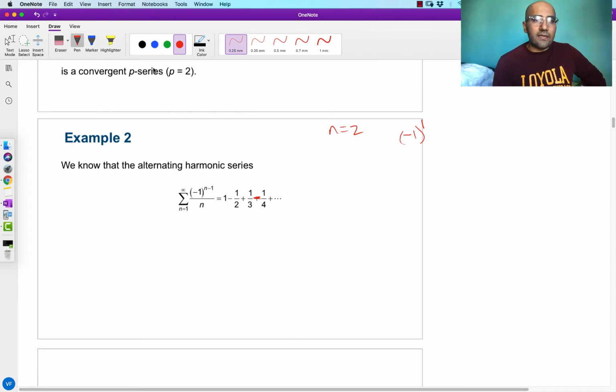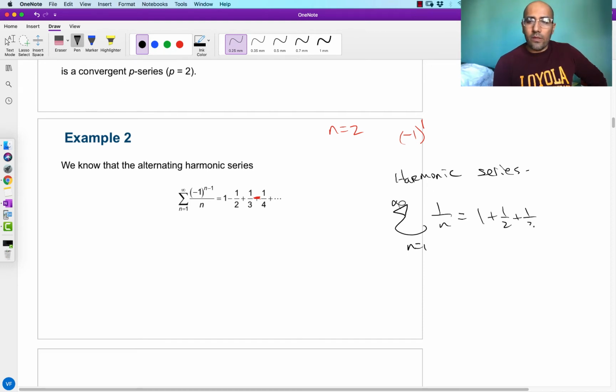Remember, harmonic is that really famous case. The harmonic series is this one, from 1 to infinity of 1 over n, which is 1 plus 1/2 plus 1/3 plus 1/4, and so on.